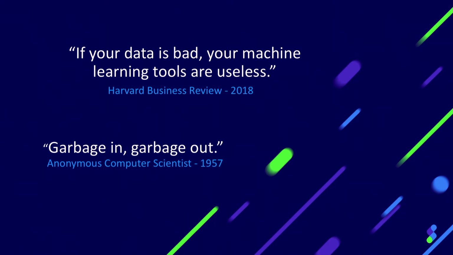However, there's a multiplier effect here, because we are training the algorithms with the historical data. So if the data is bad, we are training the algorithms with bad data sets. And then we are using those trained algorithms to make predictions or recognize patterns. So we are multiplying the impact of really bad data into the results.